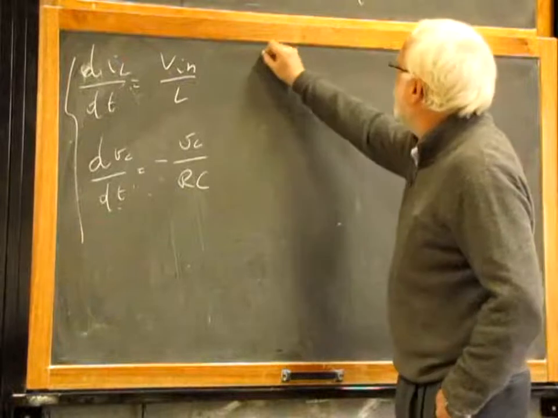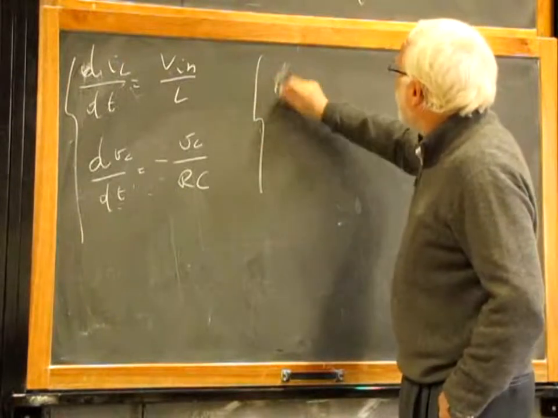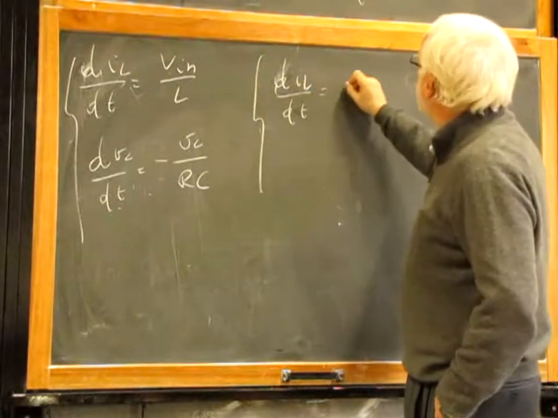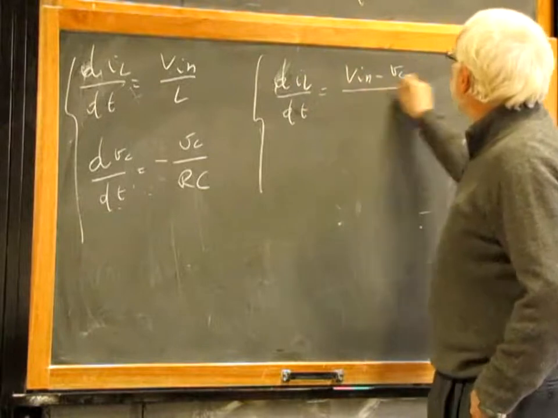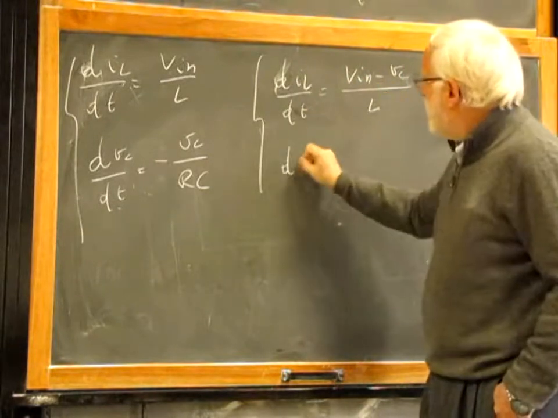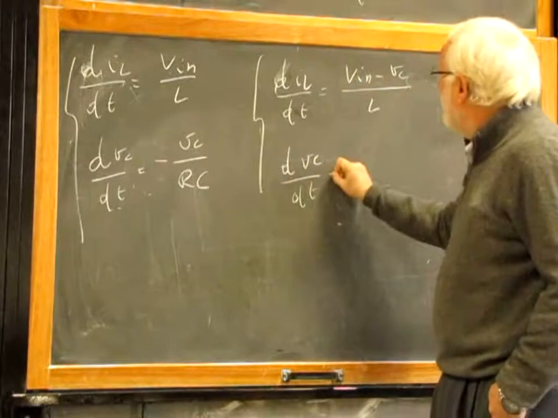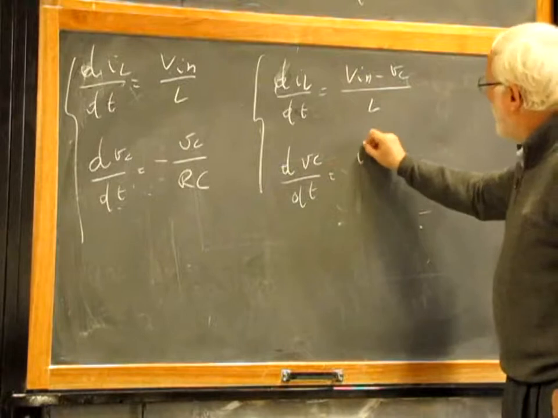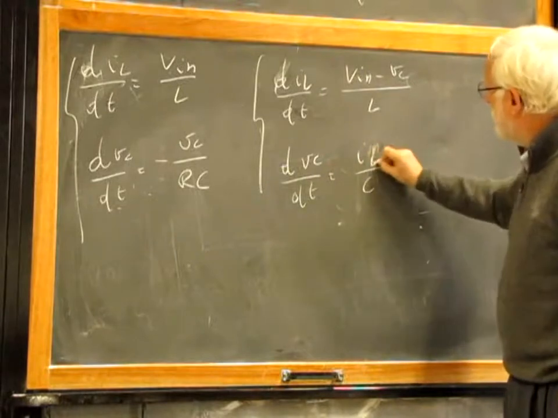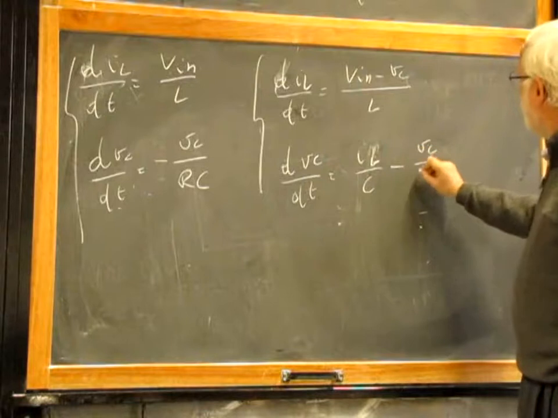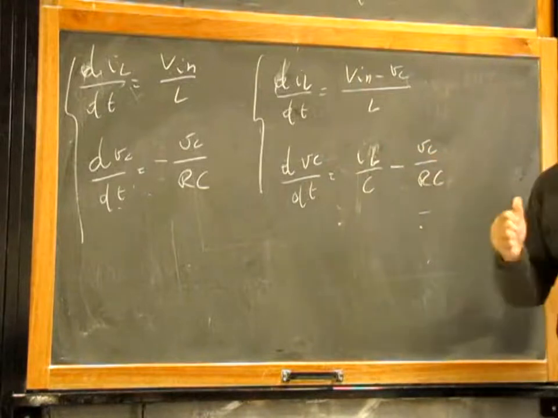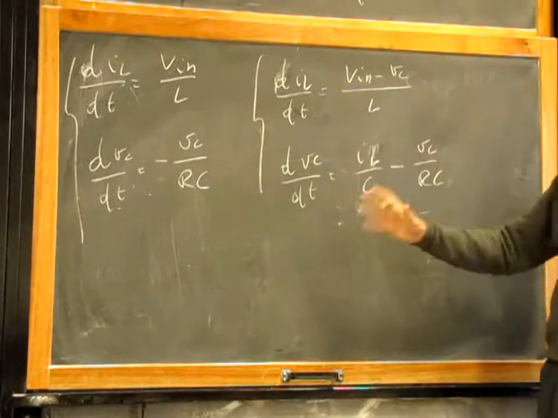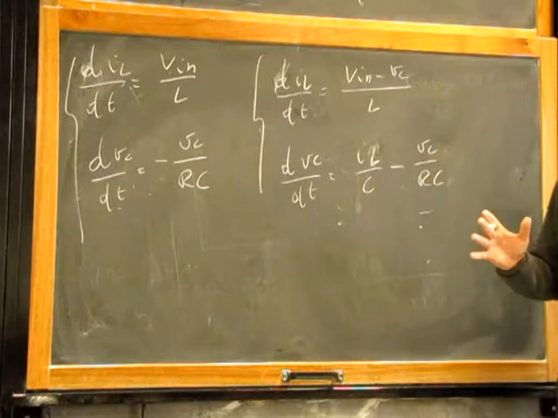And here I have the second set: dIL/dt equals Vin minus Vc over L, and dVc/dt equals IL over C minus Vc over RC. So far so good. You have on the left hand side the derivatives, on the right hand side everything else, and so writing down the matrices is a piece of cake right now.